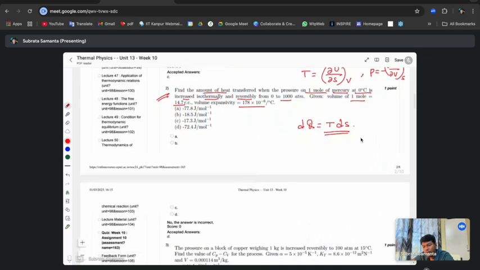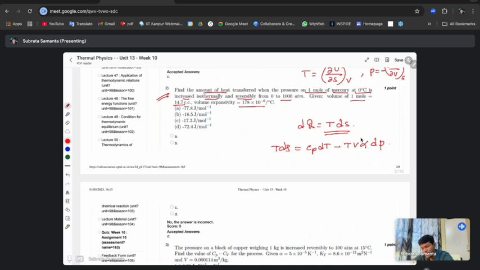So now we use the TdS relations, which are most frequently derived in the class. So TdS equals CP dT minus TV alpha dP, right?